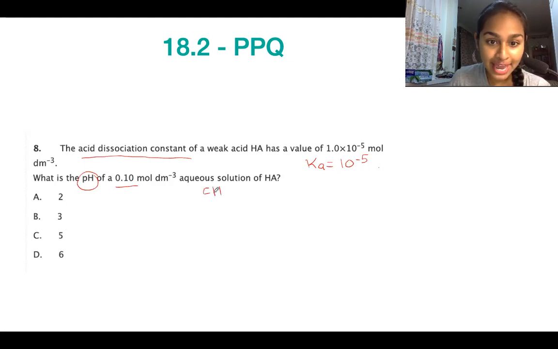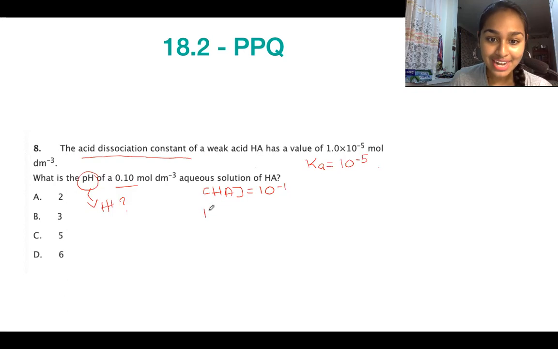So I know that HA is going to be 0.1, and in standard notation form, that's 10 to the minus 1. In a paper 1, it's always worth converting them to standard notation because it's easier for you to do the maths. It makes it quite hard without a calculator to work with decimal places. So in order to find the pH, I need to find the H plus concentration first.